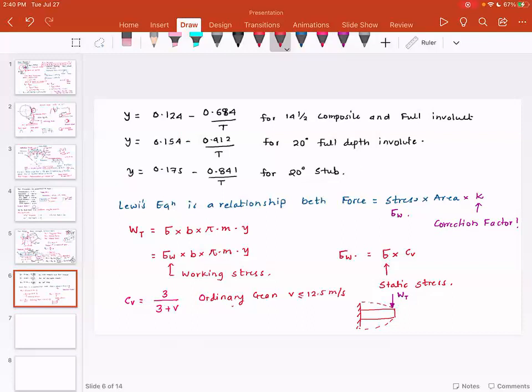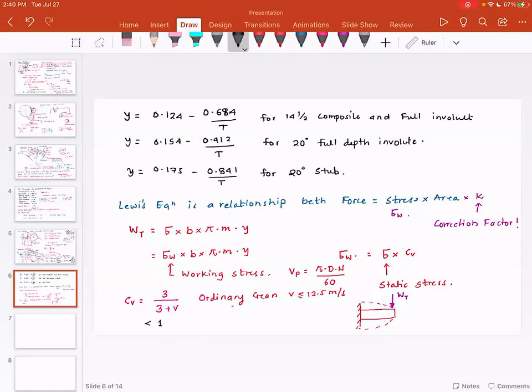And this velocity is the pitch line velocity, Vp, which is also given by pi times d times n by 60. So as you can see, this CV is always going to be less than 1. It will never be equal to 1. If CV equals 1, it means V is equal to 0, which means the gear is stationary. So CV is going to be less than 1.